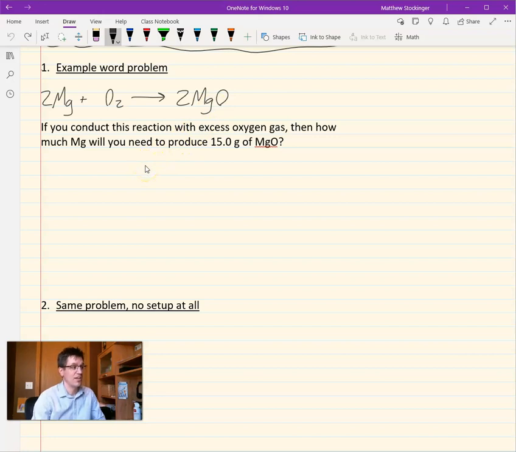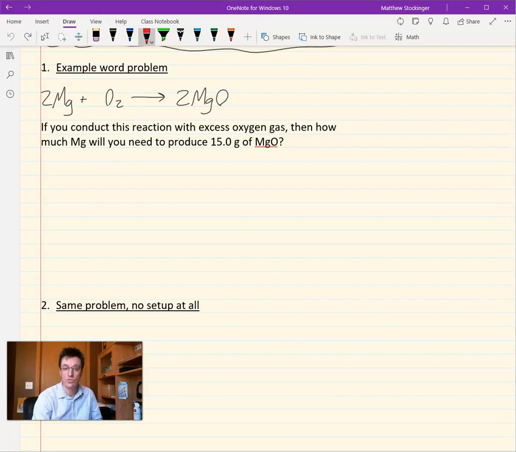Excess oxygen gas, I've told you in the problem which one is in excess. This makes sense: if you do this reaction in air, we've got plenty of oxygen in the air, so we definitely have more than enough oxygen gas. And that means that the other reactant, the magnesium, is going to be the limiting reactant.